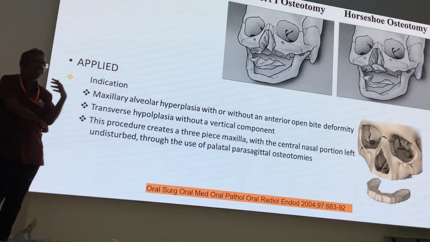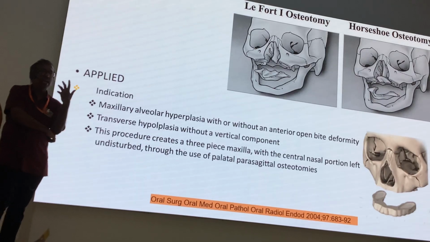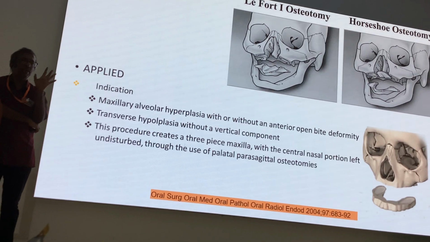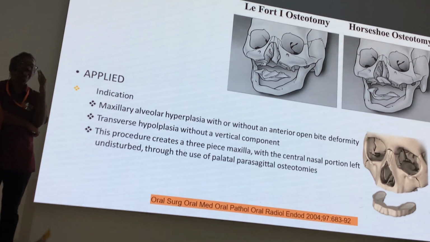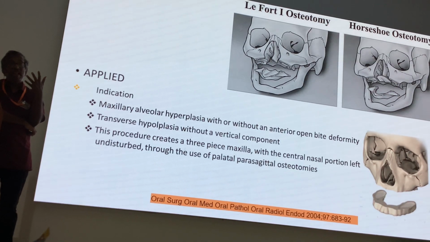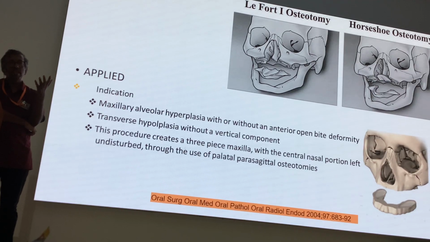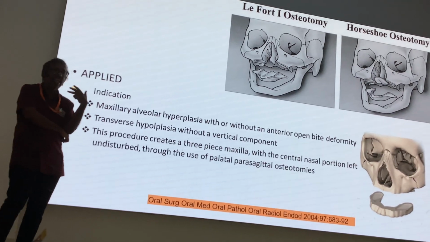That's actually a preference. I don't do the osteotomy immediately. Why? Because while doing the lateral osteotomy, there is a chance of damage to the vessels and it can bleed. So okay, you can proceed with the lateral osteotomy.